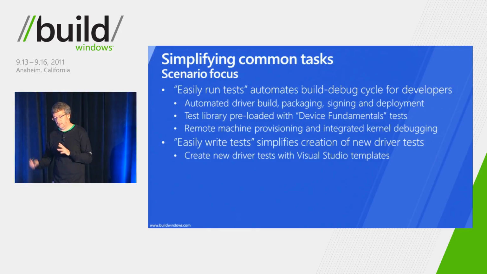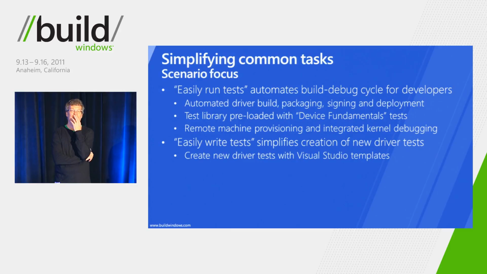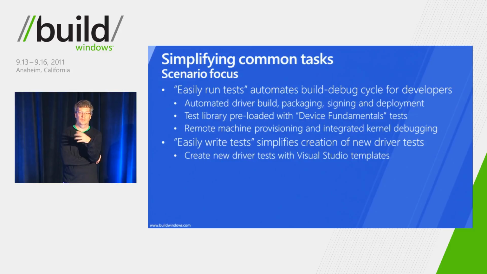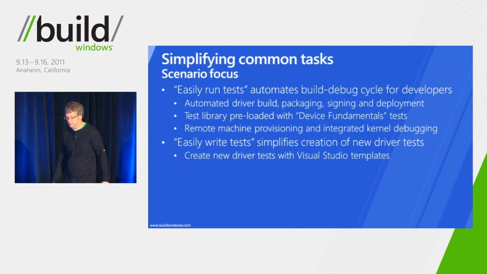But I get to decide what I call it. But so the idea here is really the scenario. The partner doesn't care how much stuff we're doing behind the covers, as long as it works and it makes their life better. And you can also tell that we call it this because no marketing guy would let you come up with an acronym that was pronounced ERT.